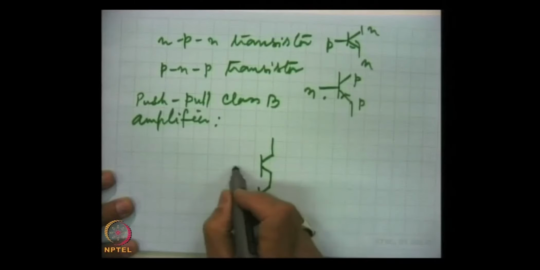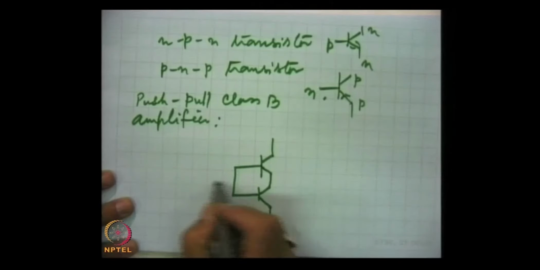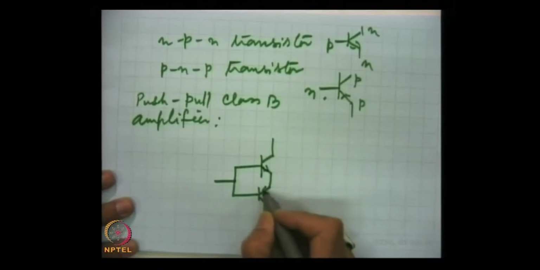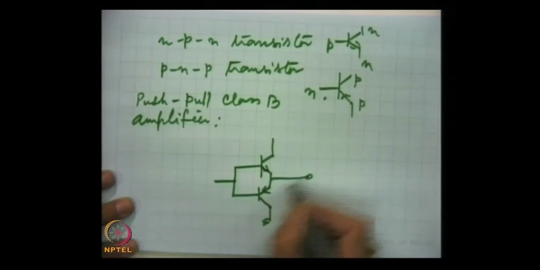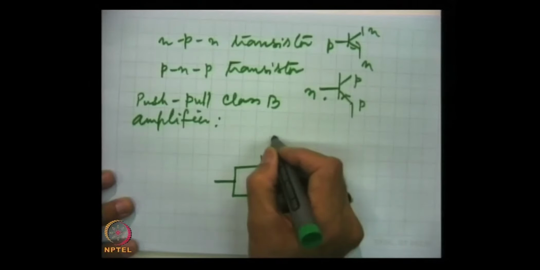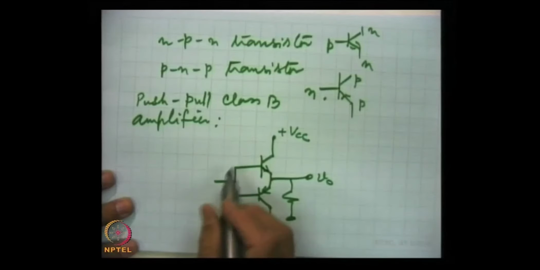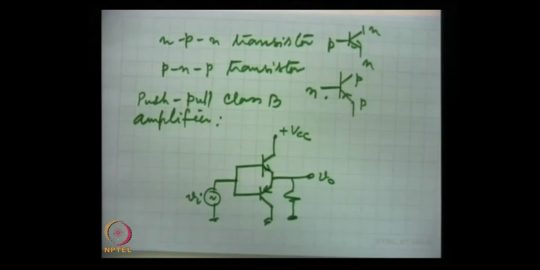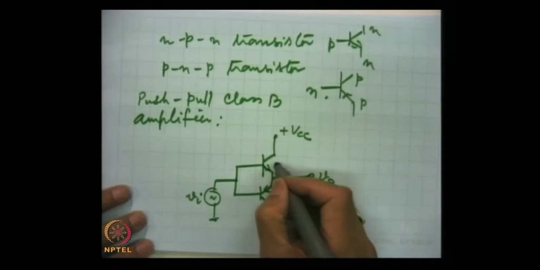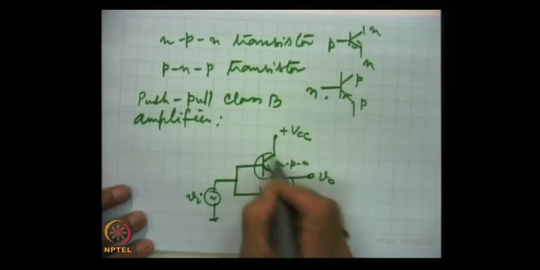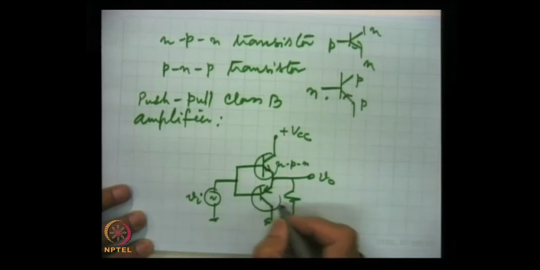But to understand the principle, these are the two transistors. This is NPN and this is PNP.